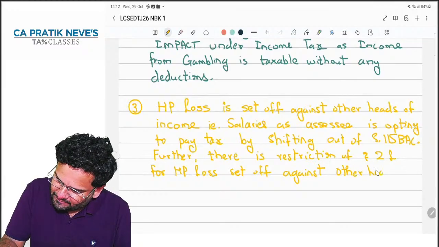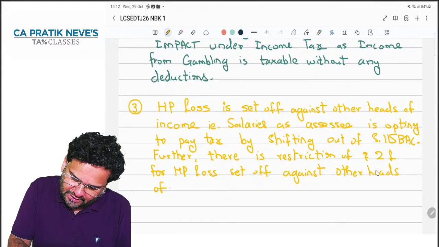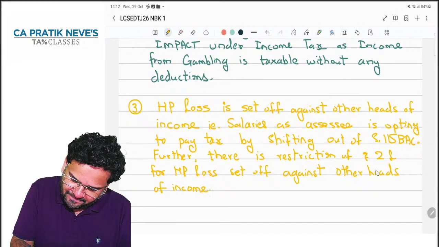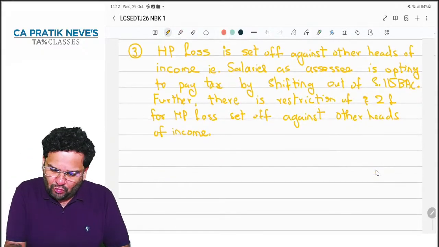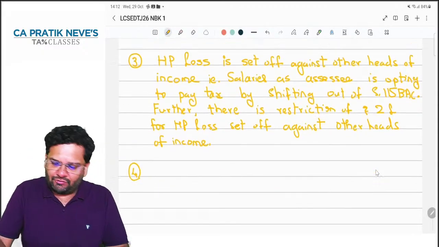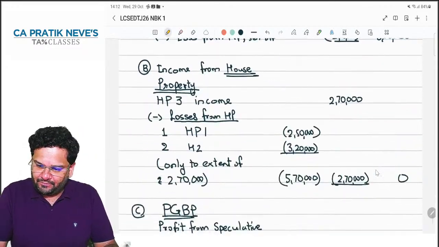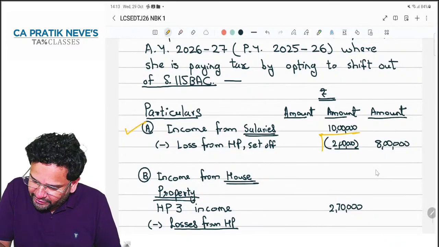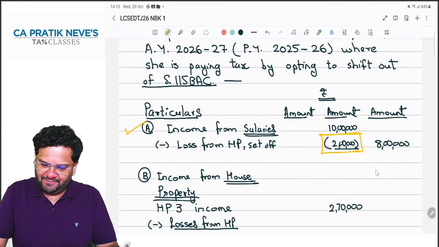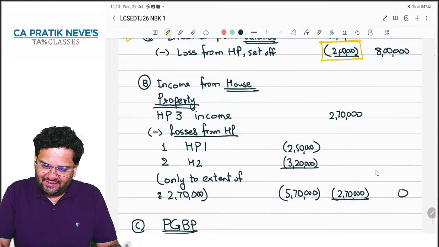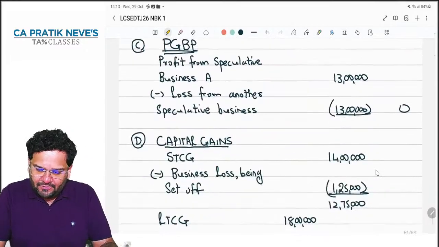Clear? This note is absolutely clear now? Yes. Because I don't want any one of you to struggle afterwards unnecessarily. So this is absolutely clear now, that why we set off only to the extent of 2 lakhs.